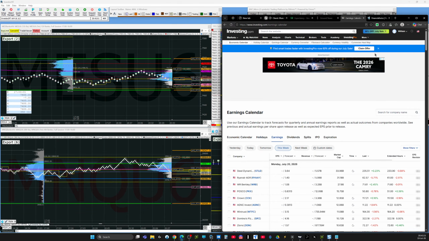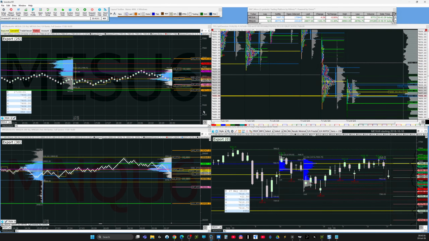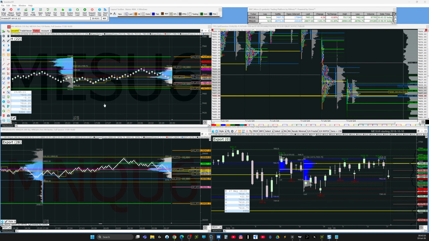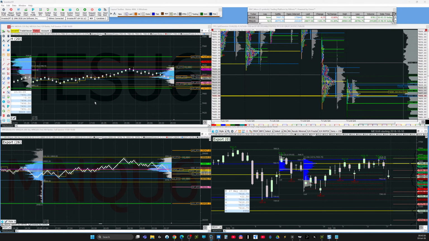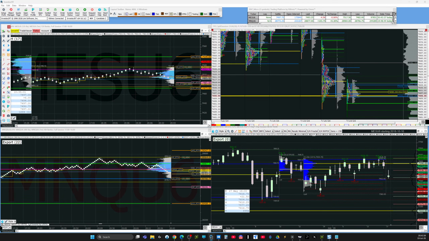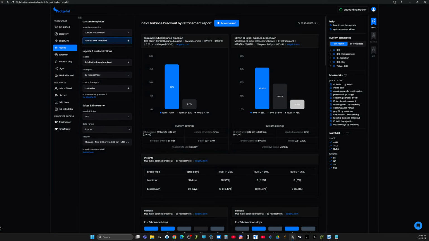Oh, look at us go. We broke out just now. All right, and here's what I'm talking about, Asia. They just broke it out. And now we have a 46% probability will retrace to the 25, and another 28% will get to the 50.